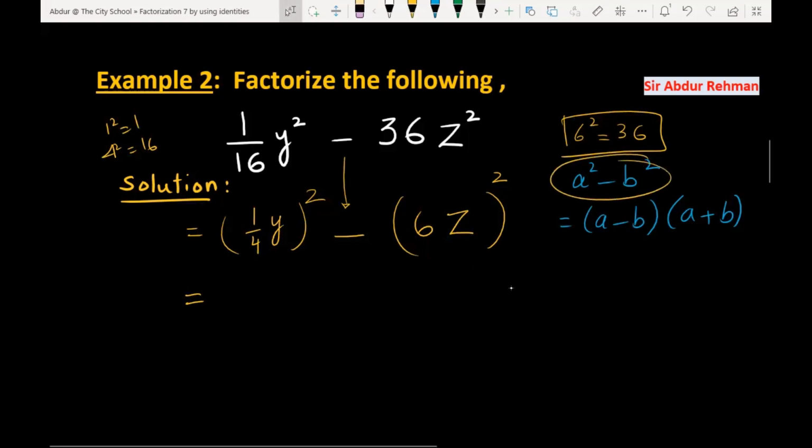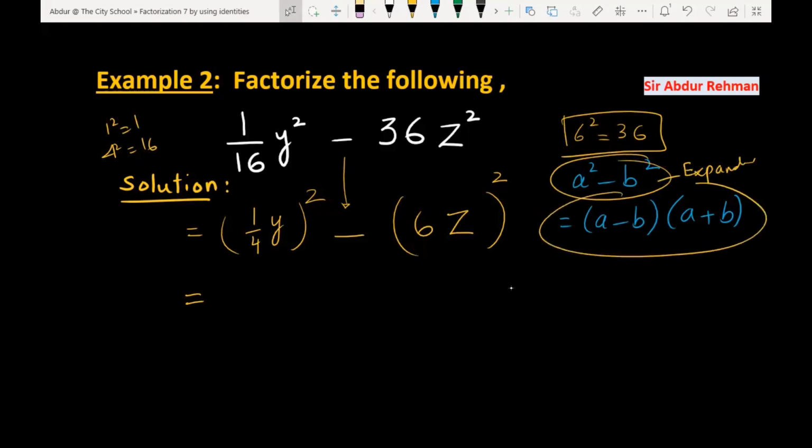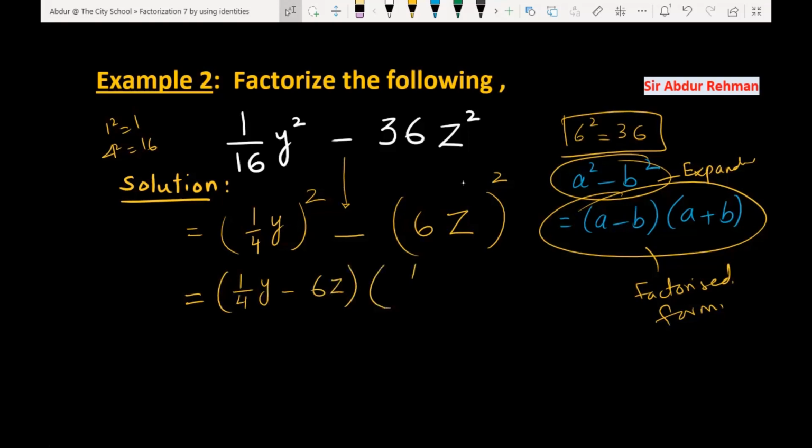So a square minus b square is the expanded form, and a minus b times a plus b is the factorized form. So a is 1 over 4y and b is 6z. So in factorized form, it is 1 over 4y minus 6z times 1 over 4y plus 6z. This is the answer. These are the factors of 1 over 16y square minus 36z square.